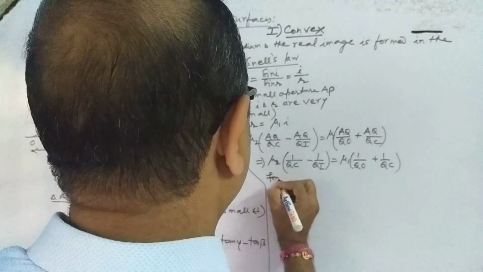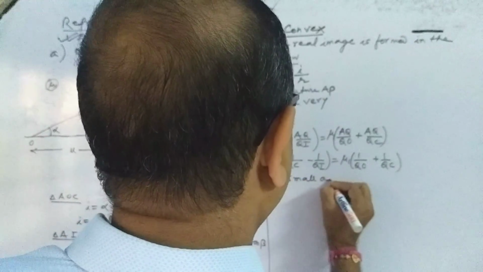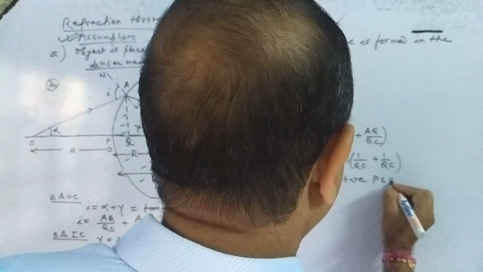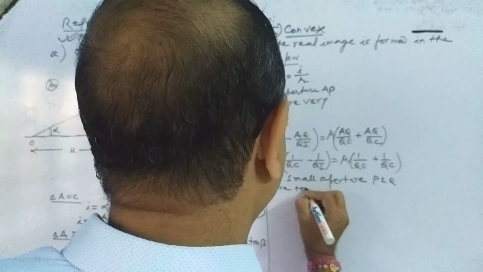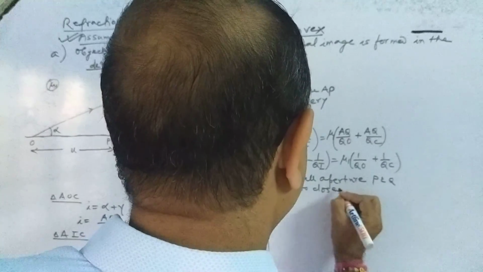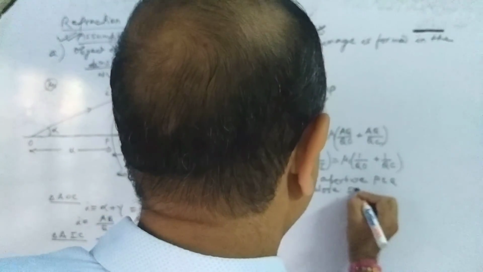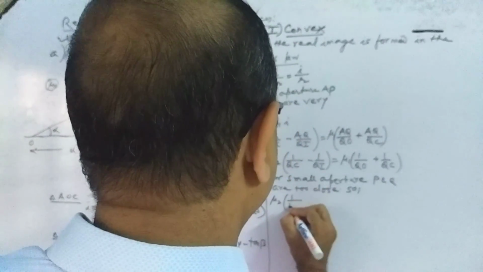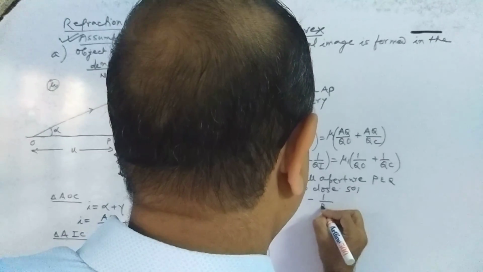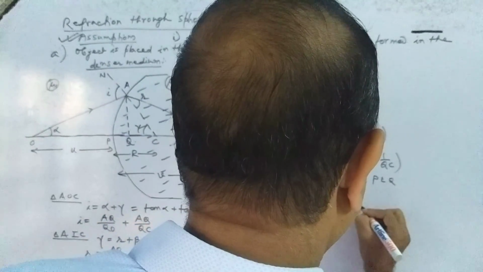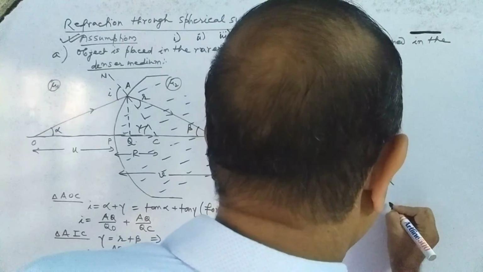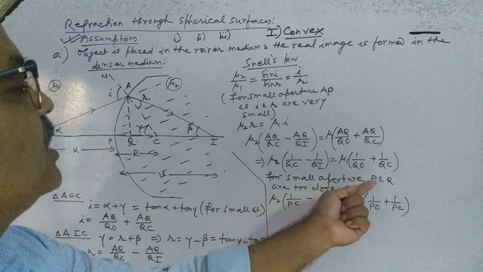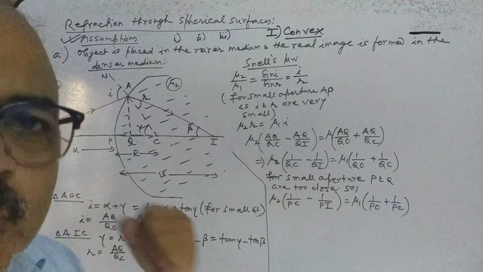So mu2 times 1 by, in place of QC I will write PC, minus 1 by PI, is equal to mu1 times 1 by PO plus 1 by PC. In place of Q I will write P because P and Q are too close.